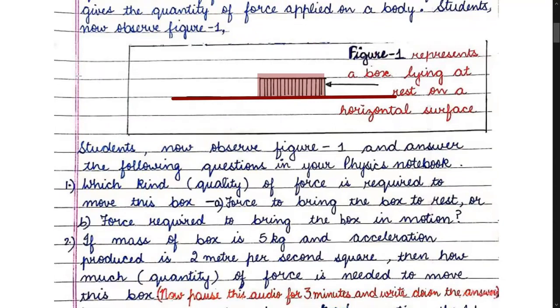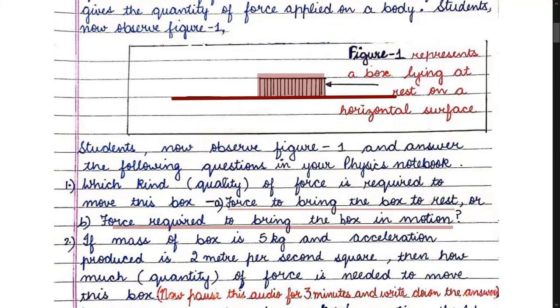Now children, which kind of force is required to move this body? Write down the answer in the textbook. What kind of force is required to move this body? Is it the force to bring the box to rest, or the force required to bring the box in motion?